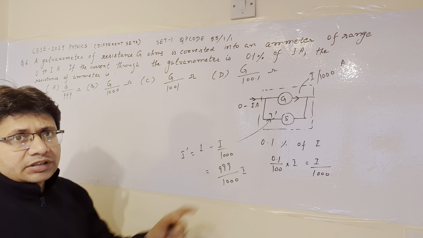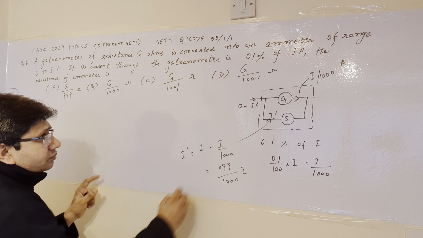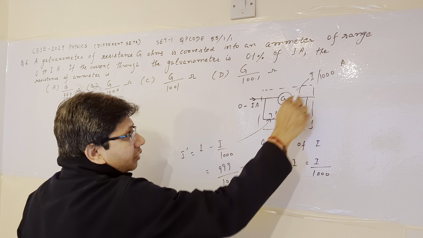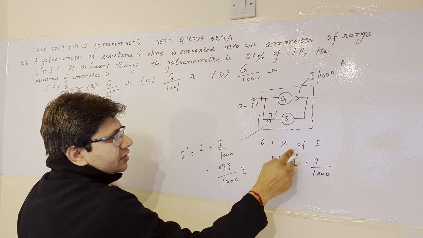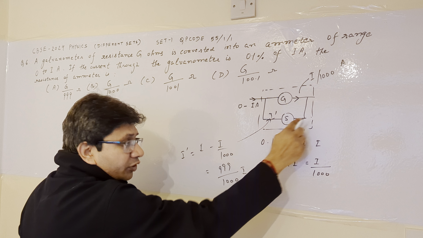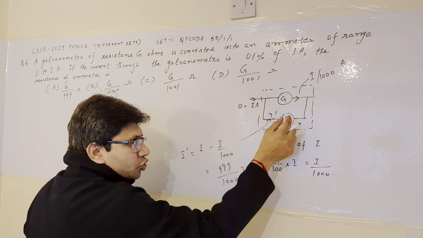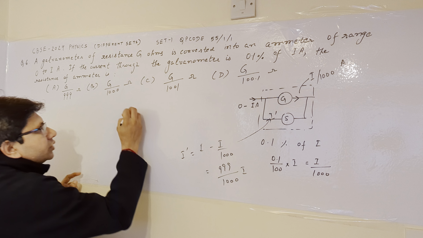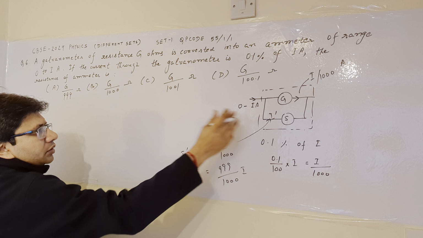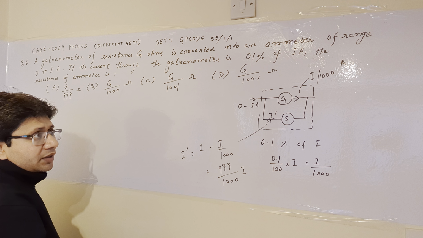Now in parallel we know that voltages are the same. It means that the current I upon 1000 multiplied by the resistance of the galvanometer is equal to I dash, the current flowing through S, multiplied by the resistance of S, that is the shunt. So in this way we have equated the voltages across these two parallel elements.